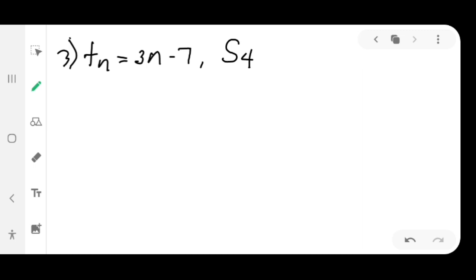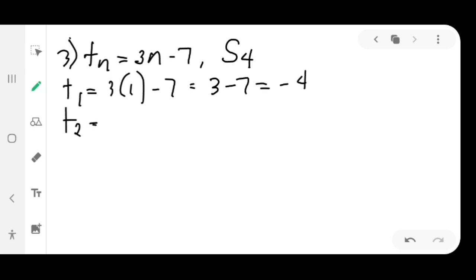The first term here is t sub 1 equals 3 times 1 minus 7. So we have 3 times 1 is 3 minus 7 equals negative 4.